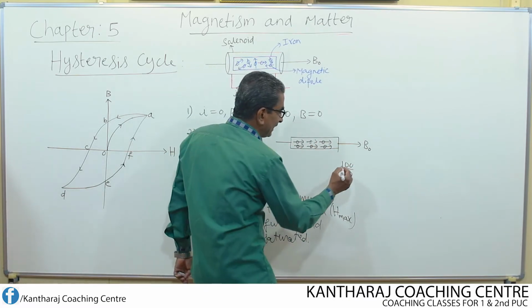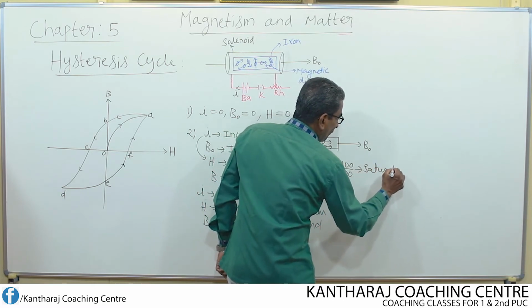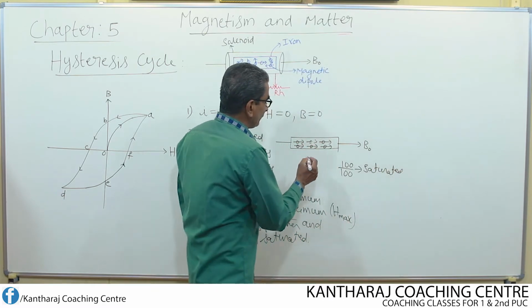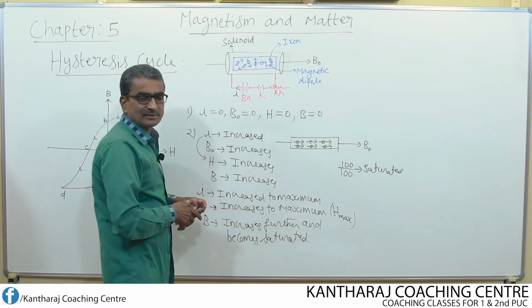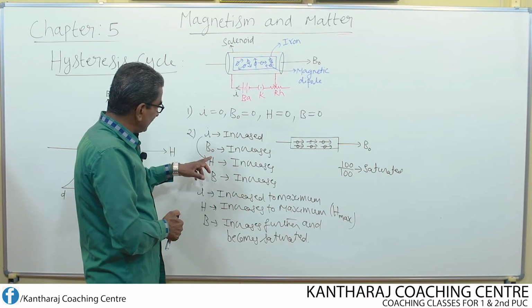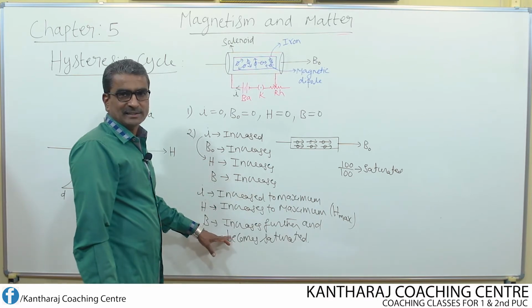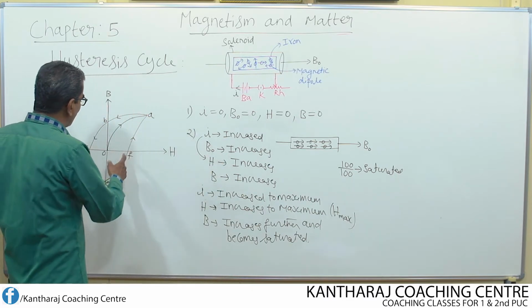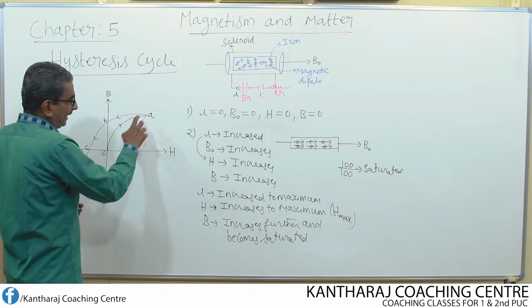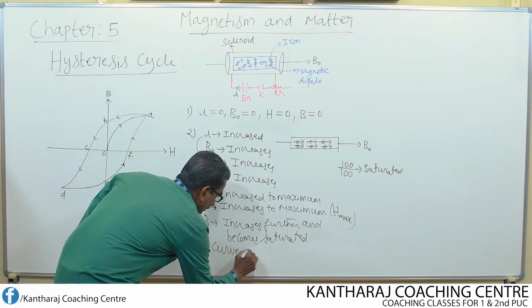So that is the meaning of saturated. No more magnetic dipole is left in the random direction. So this operation, which operation? On increasing H to maximum, B becomes saturated. This operation can be represented by means of a curve OA.